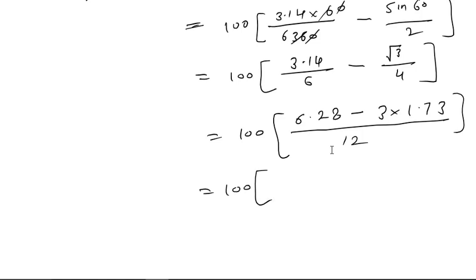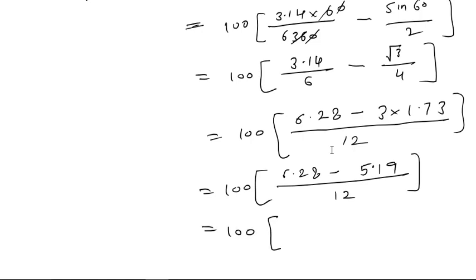Now 6.28 minus 5.19, whole divided by 12. So this is 100. Then inside the bracket, 18 minus 9 is 9, 1 minus 1 is 0, and then 6 minus 5 is 1. So 1.09 divided by 12.